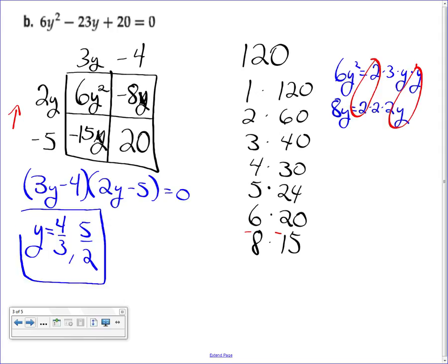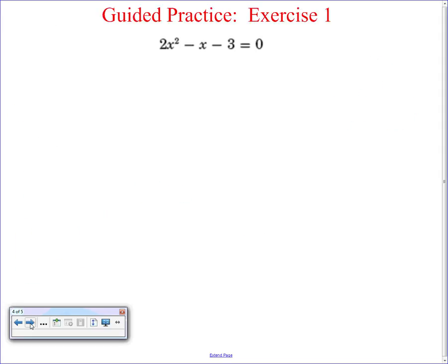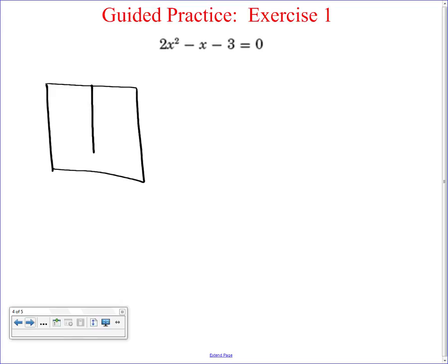Let's look at one more. This is your exercise number 1. A little easier numbers. Step 1 we're going to build the box. Okay, and the 2x squared will go into the first position, just like always.